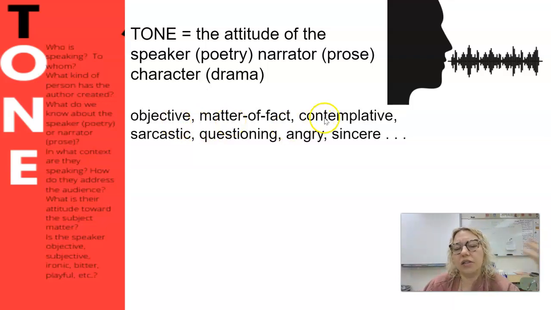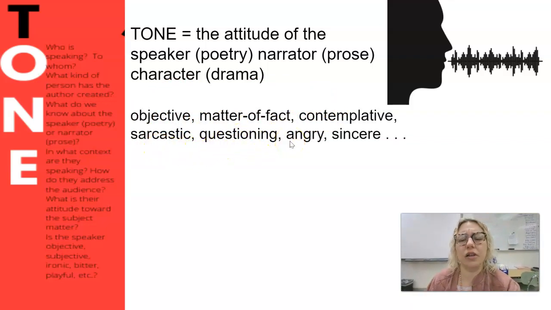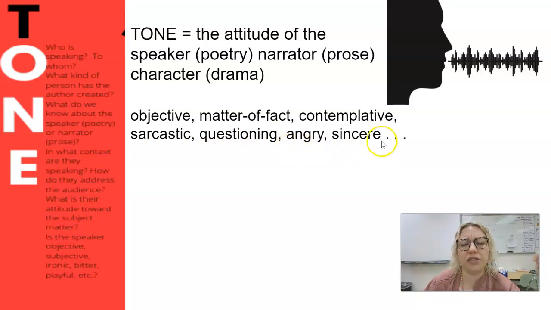It might be contemplative. It might be sarcastic, questioning, angry, sincere. There are thousands of adjectives that could be used to describe a tone.